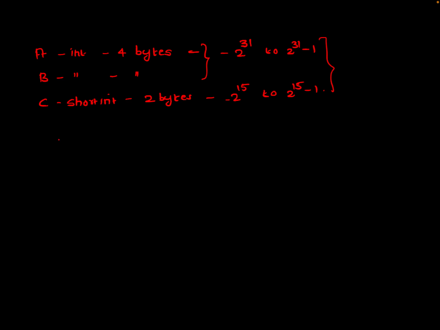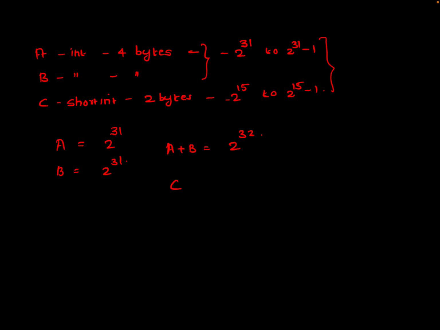Okay. So if the user enters the value of A as 2 raised to 31, some big value, and B is also 2 raised to 31, a very high value, when you add A plus B, you will get 2 raised to 32.